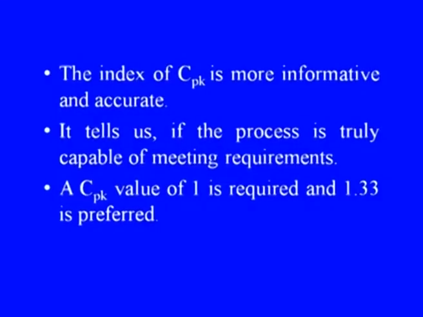The index of Cpk is more informative and accurate. It tells us if the process is truly capable of meeting the requirements. A Cpk value of 1 is required and 1.33 is preferred.